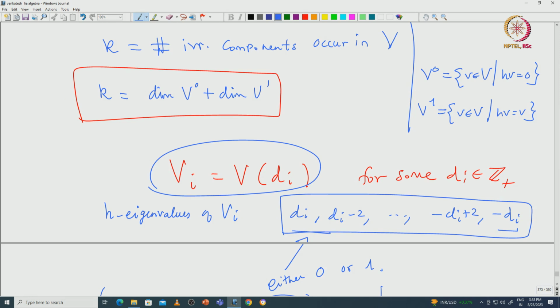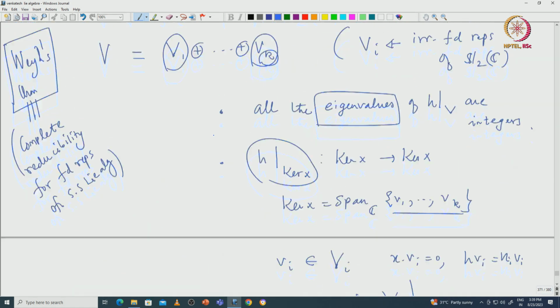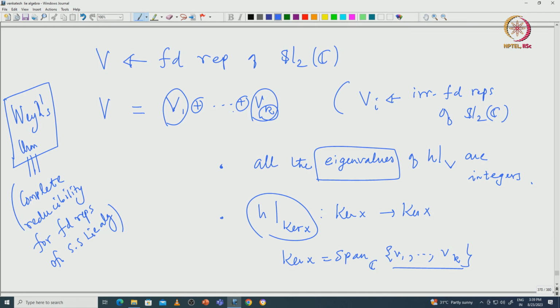So, since the right hand side, dimension V naught plus dimension V 1, is independent of the irreducible decomposition that we have chosen, that proves that this k will be actually independent of the irreducible decomposition. Okay. What I mean by that?